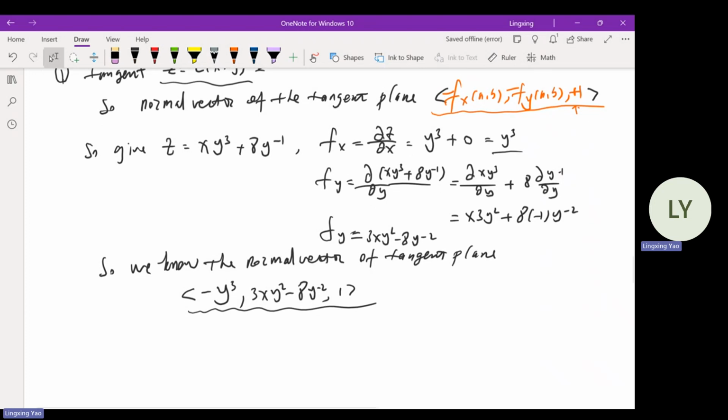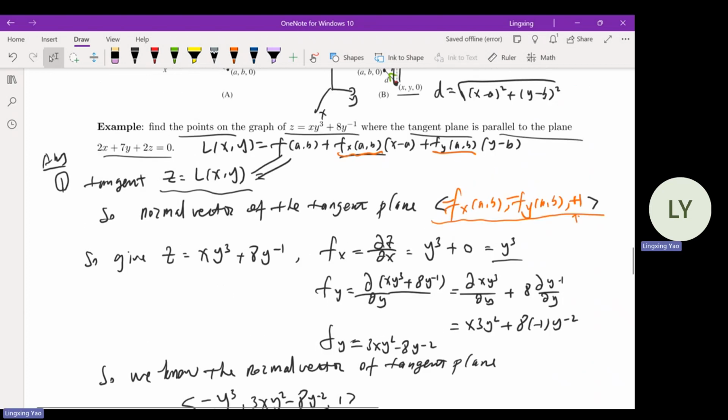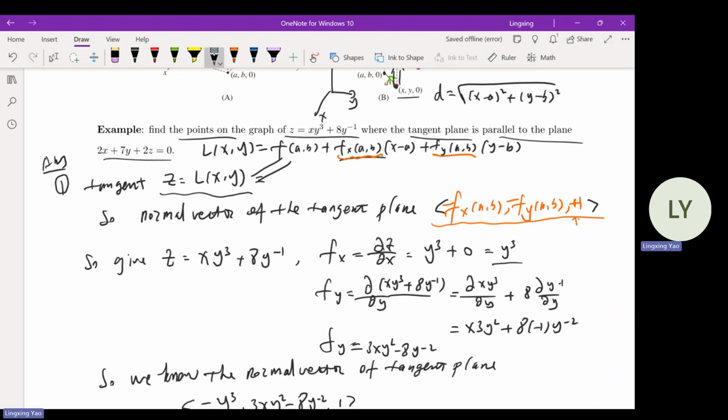And this vector is what? Let's look at the original question. The original question is asking us to find the points on the graph of this function where the tangent plane is parallel to this plane.